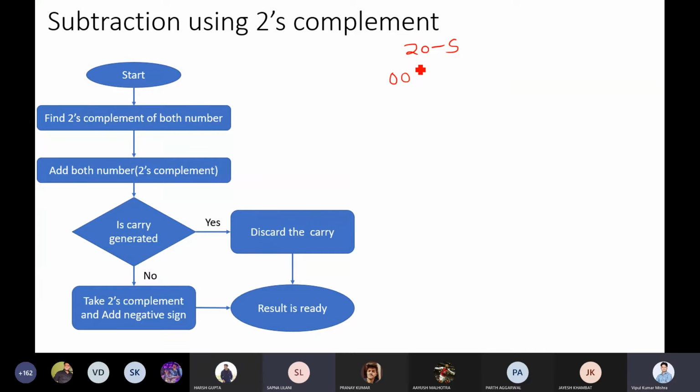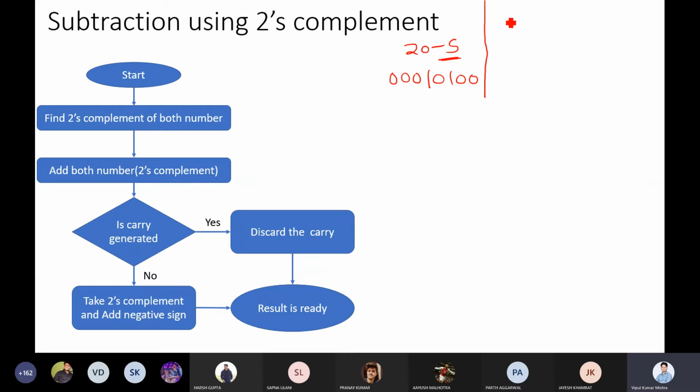Okay, so 20, it will be 0 0 0, then 1, sorry, 1 0 1 0, right? Like this. Now what about 5? Now I want to represent 5 with the 2's complement. Now let me give you another idea how to take 2's complement in a straightforward way, without adding plus 1 to the 1's complement.